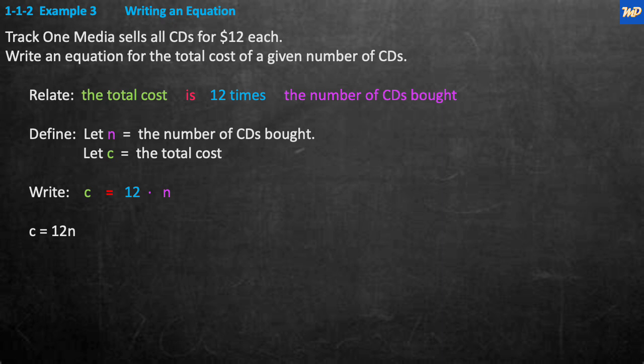C is equal to 12 times the number of CDs bought. And our equation then is C equals 12n. So C equals 12 times n, the number of CDs bought.